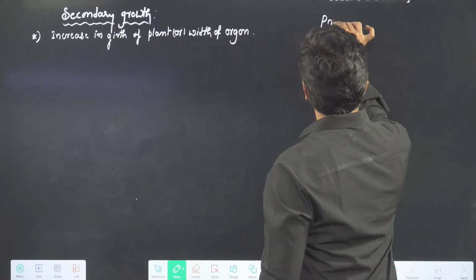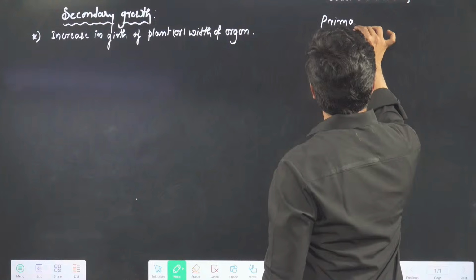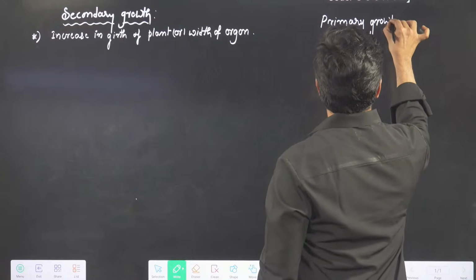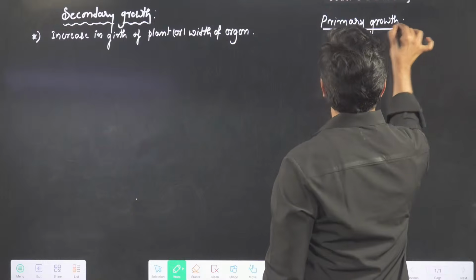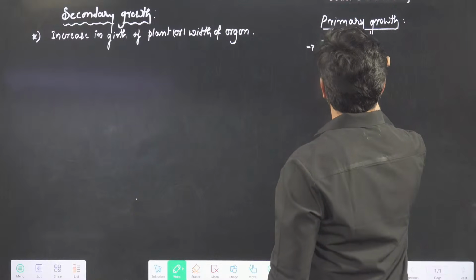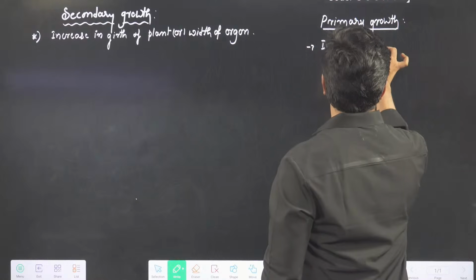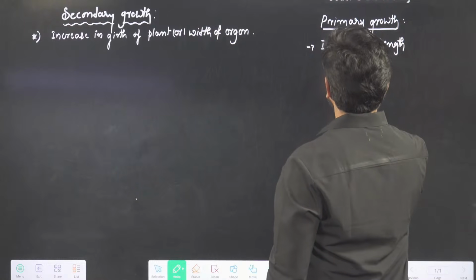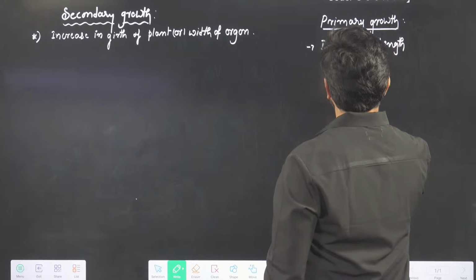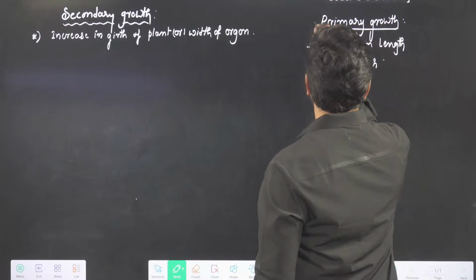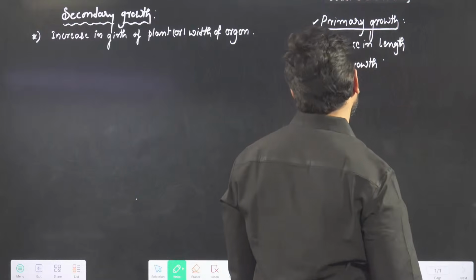Primary growth. Tell me, what is primary growth? Primary growth is due to increase in length or axis wise. Axis means plant axis; if it is growing, this is called primary growth.